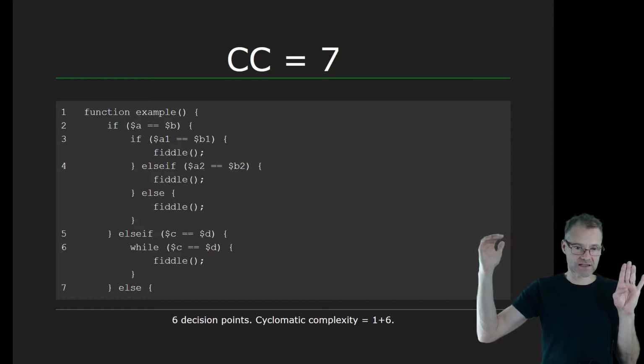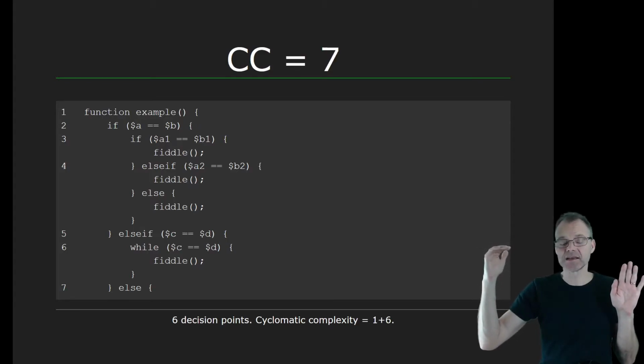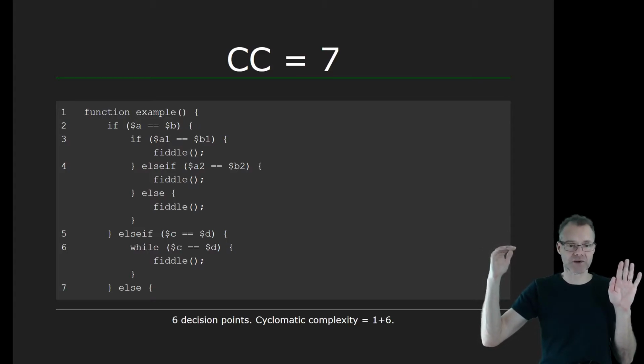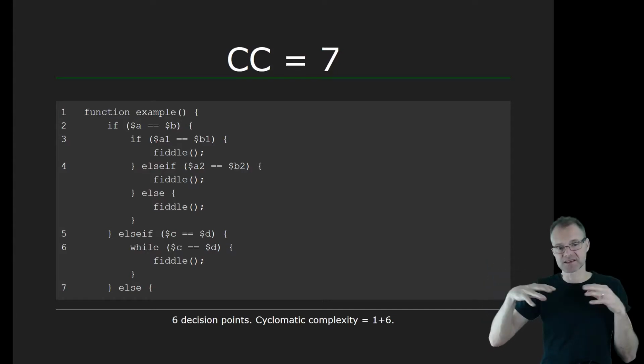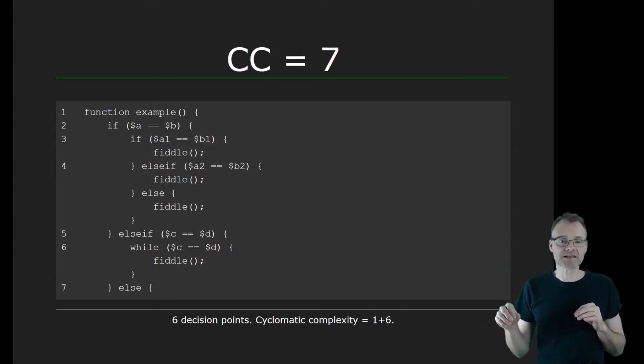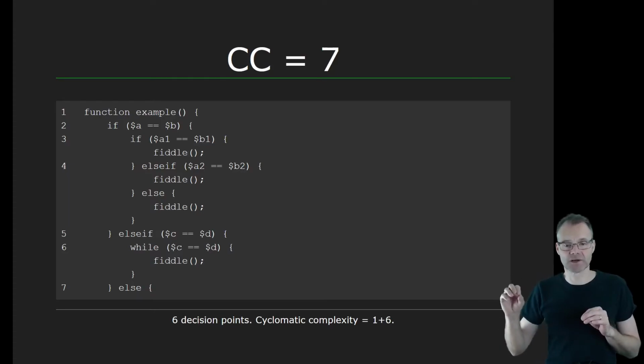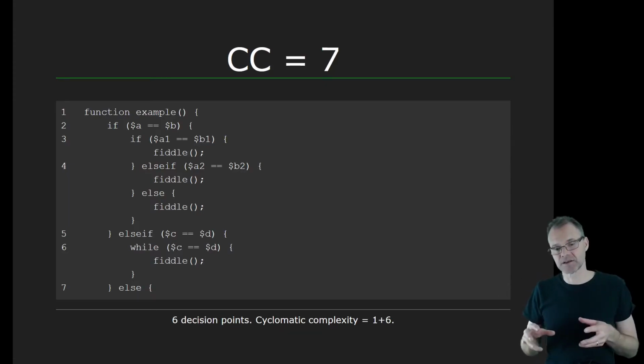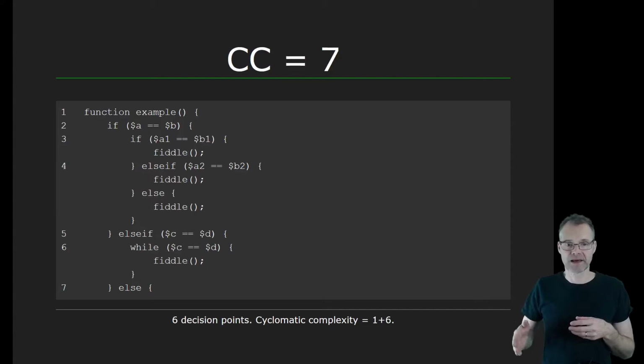Then we have an else if. And a while is also a decision point here with an expression in it, and else. So more or less this function in front of us has a cyclomatic complexity of 1 plus each decision point, giving 7.